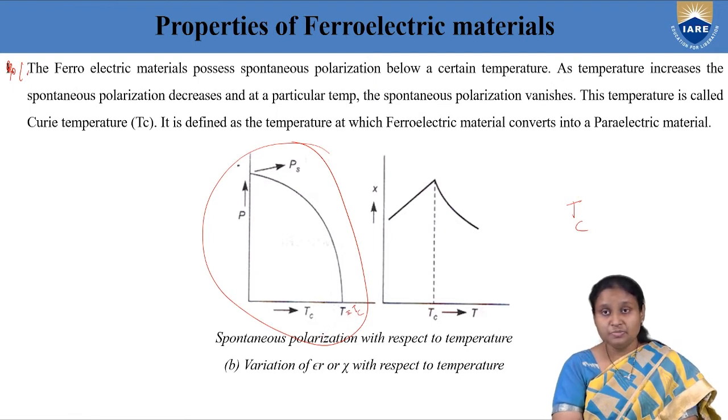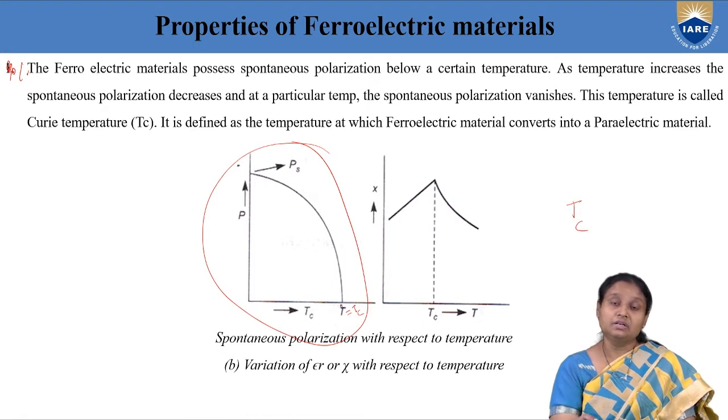So for temperatures below Tc, there is spontaneous polarization associated with the ferroelectric material. But once we come to this temperature Tc, the temperature at which spontaneous polarization becomes 0, its value will be different for different ferroelectric materials. Suppose I take barium titanate, then its Tc value will be one value, and other materials will have other Tc values.